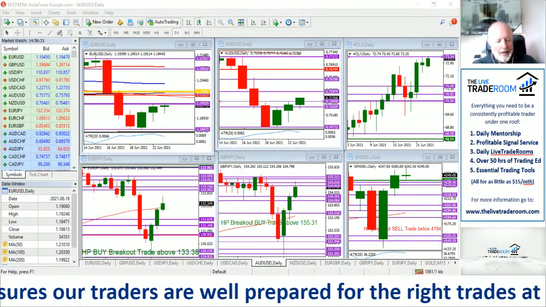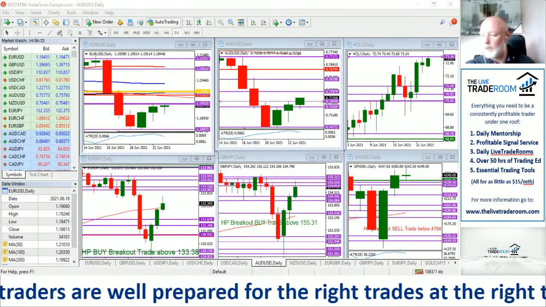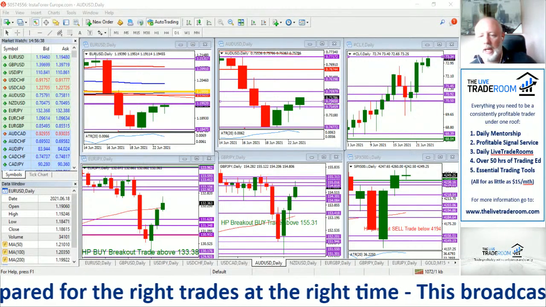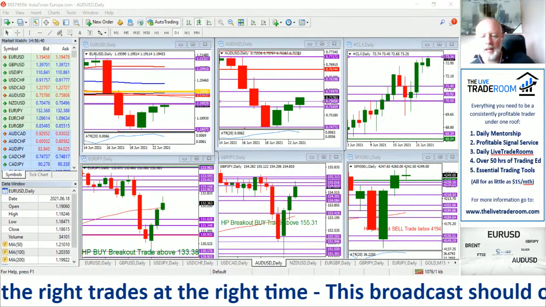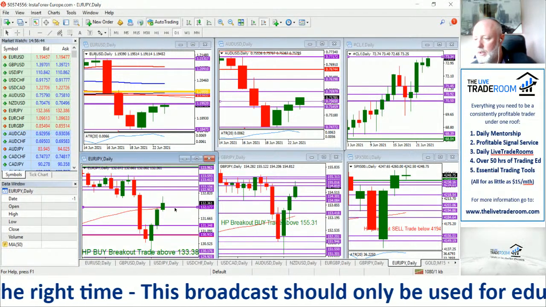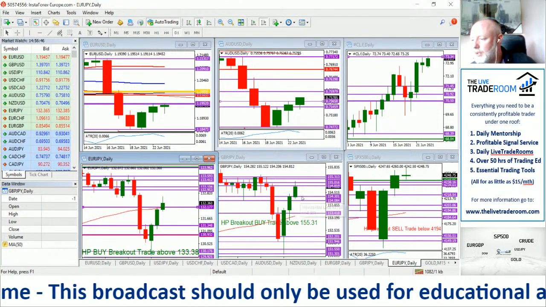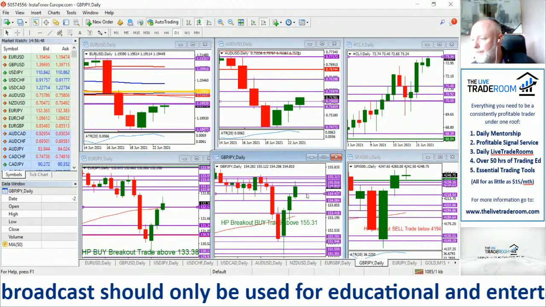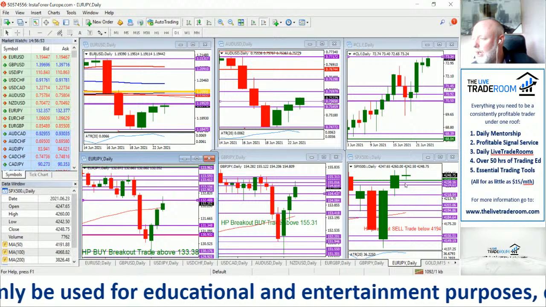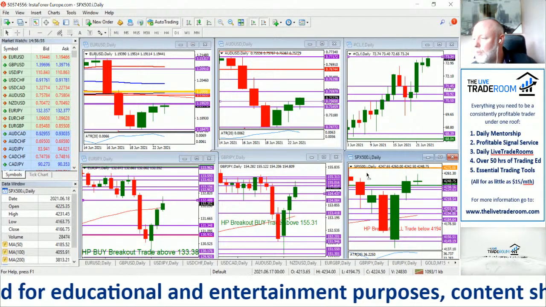If I just get up my pen. Same situation for the euro yen and the pound yen as well. What we'll do is just record these levels just up here. There's a lot of resistance up these highs for the yen, and we're keeping a close eye on the S&P 500 as well.